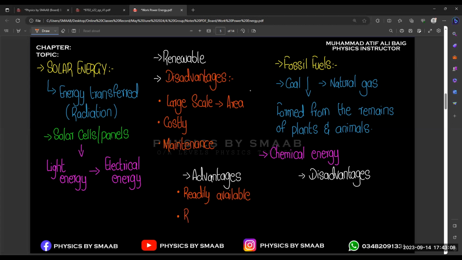Coal is not expensive. It is reliable in the sense that if you take the example of industries, right? For industries, this source is very much important because you are using very high power generators over there. We are using light and different machineries over there.